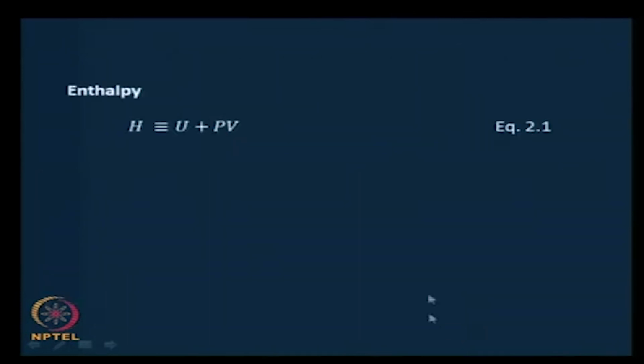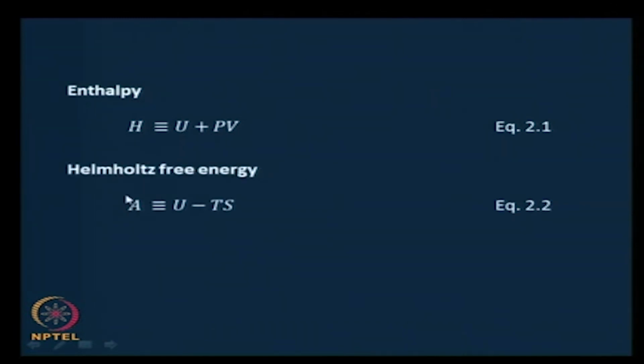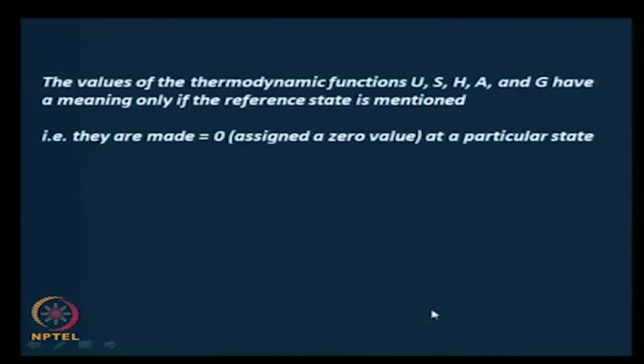And with that motivation, we defined enthalpy as a combination of internal energy and PV. We defined Helmholtz free energy as internal energy minus Ts, and Gibbs free energy as H minus Ts.